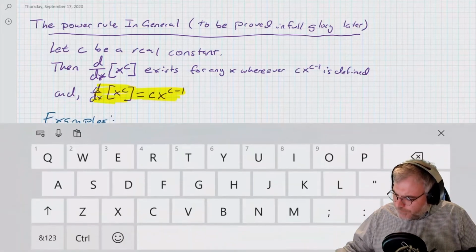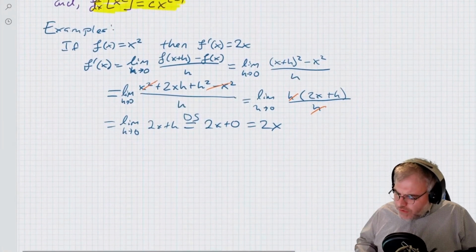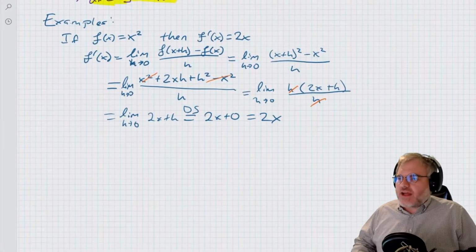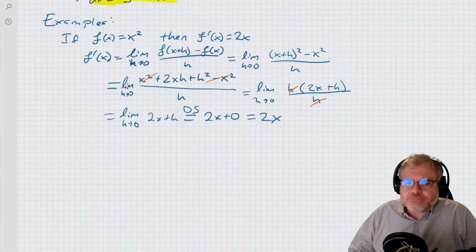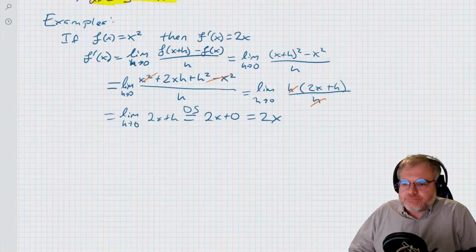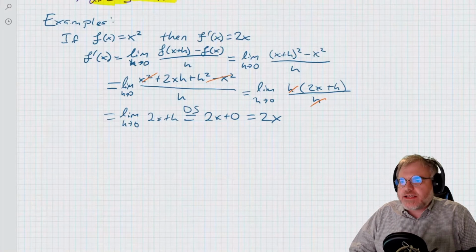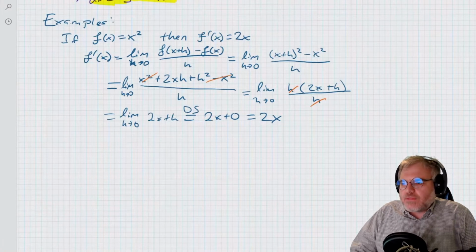All right. So that's true. But I can also do other things. We've done this one in class too. If you remember from last time, where we did that marginal cost thing, this was the limit we were doing.